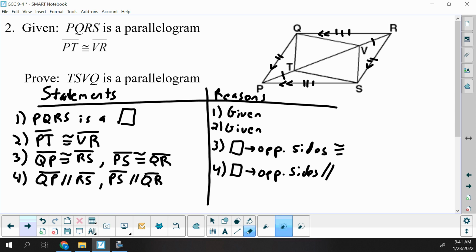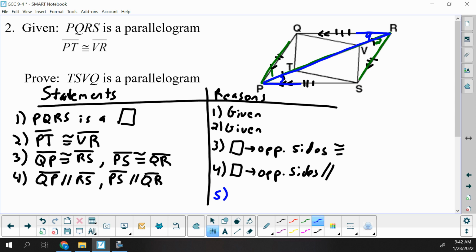And the parallel lines can imply congruent alternate interior angles. So we want to think our zigzags. If I did a zigzag going this way, I would have this angle and this angle, so I'm going to call it 1 and 2. If I did a zigzag going this way, I would have these angles 3 and 4.